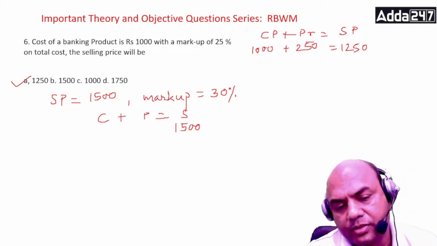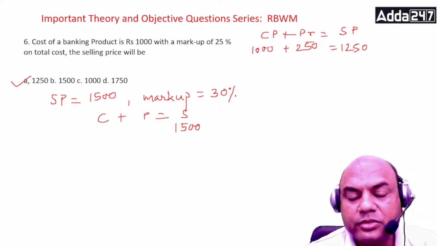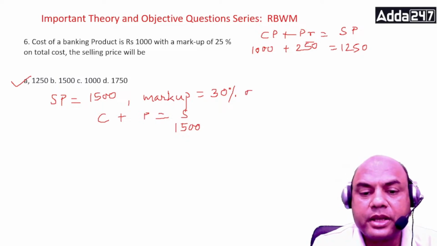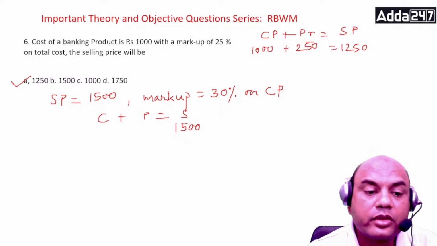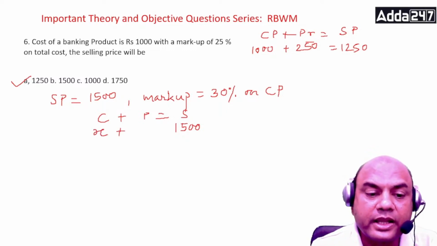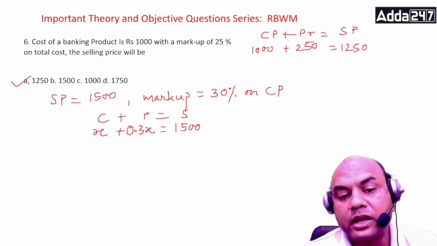The 30% markup is on what? Is it on the selling price? Many of you will take it on 1500. That is wrong, because markup is always on the cost price. But do you know the cost price? No. So take it as x. Then profit is 0.3x, 30%, right? Now you are on the right track.